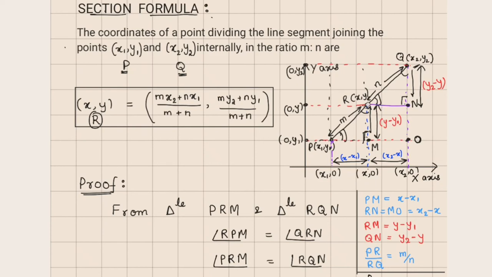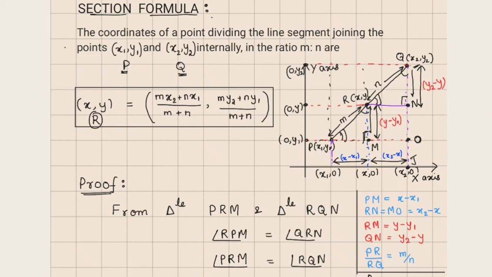Similarly, I have drawn a perpendicular from R to the line through Q. Let's say this point is J. I have drawn R to QJ. J is the point x2 comma 0. So the intersection is N.